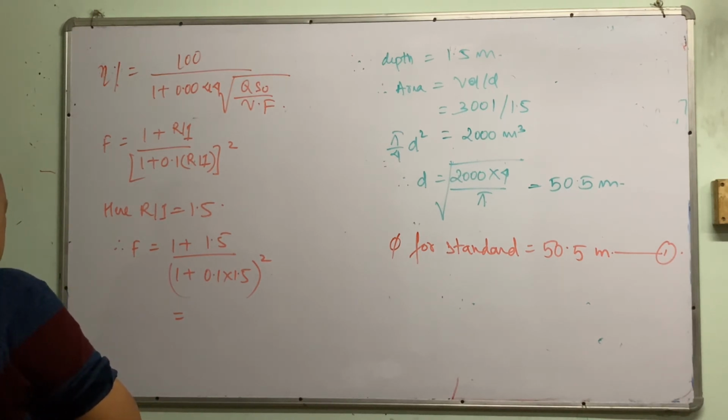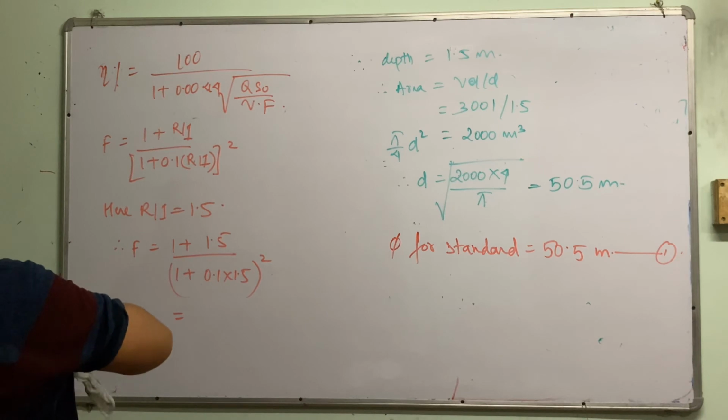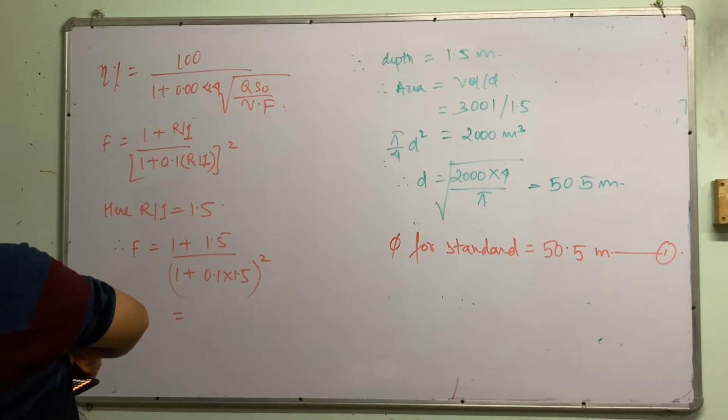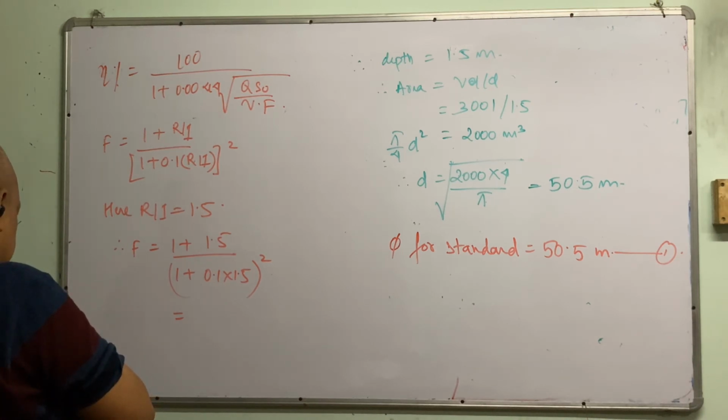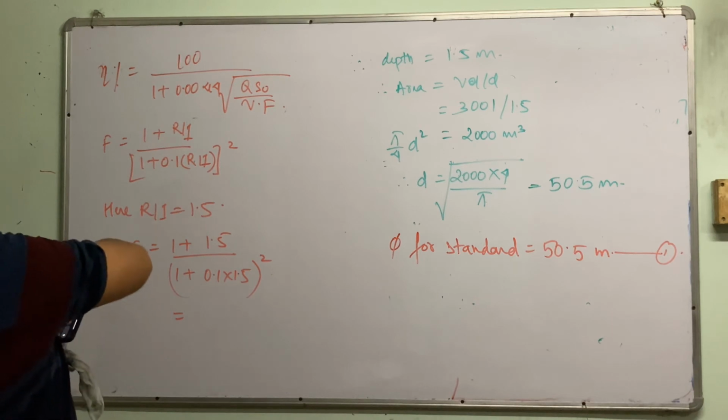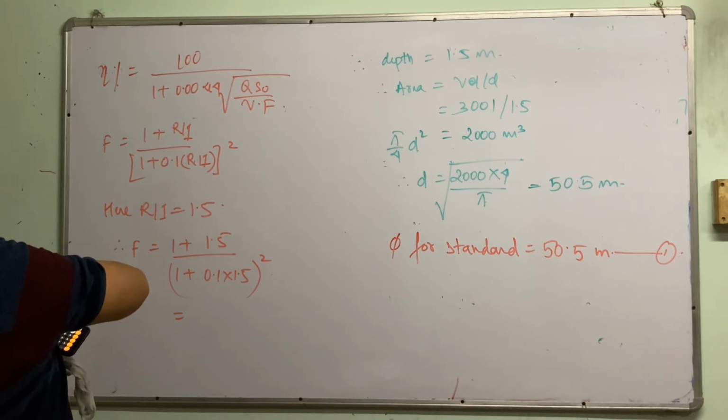That is 2.5 divided by, 0.1 into 1.5 plus 1, whole square, so I have to take the inverse.